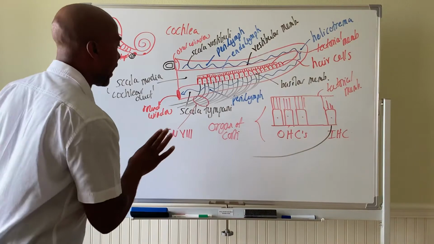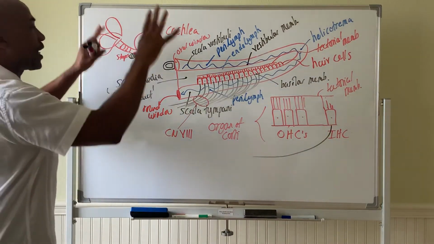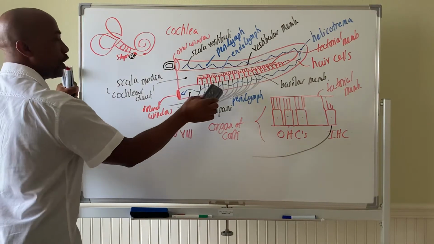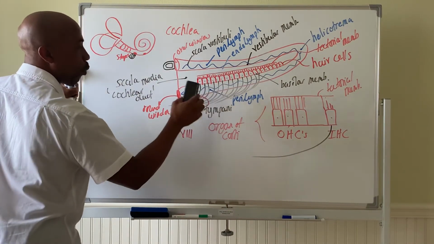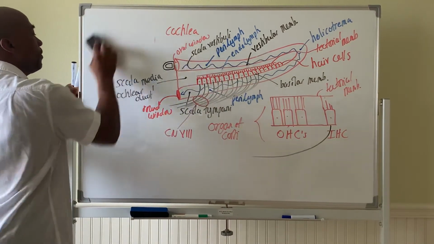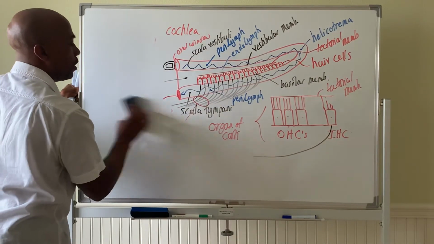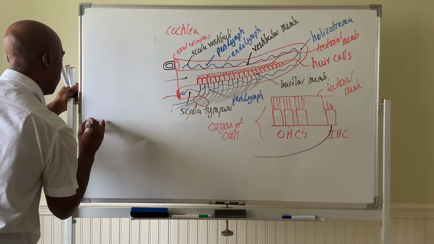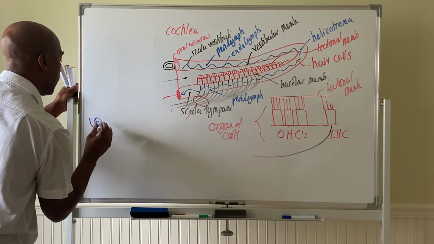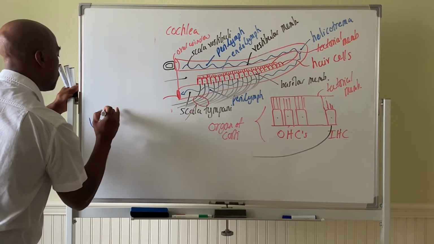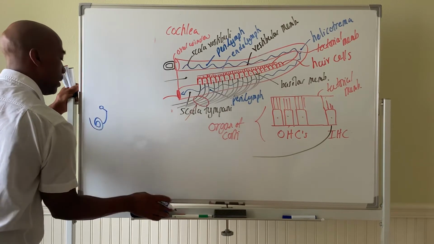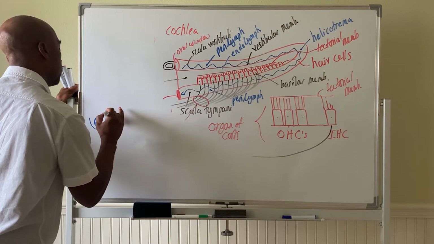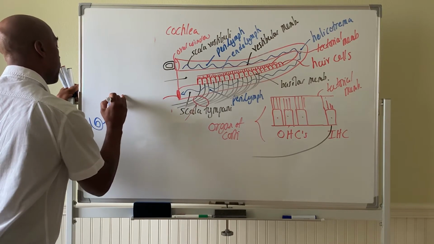So let's do the path of sound, the neural path of sound. Once sound is generated and pushed into nerve number 8, where does it go next? So we can start here. Here's your cochlea, and it sends neurons through nerve number 8. This is also bipolar.